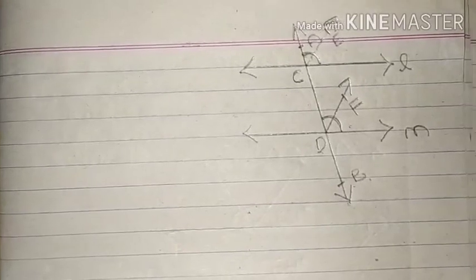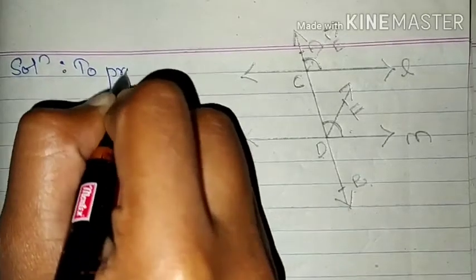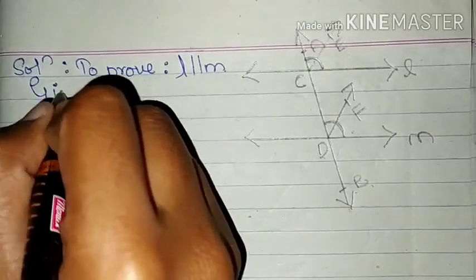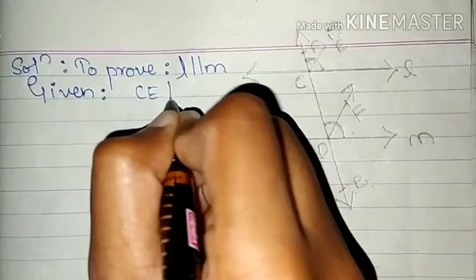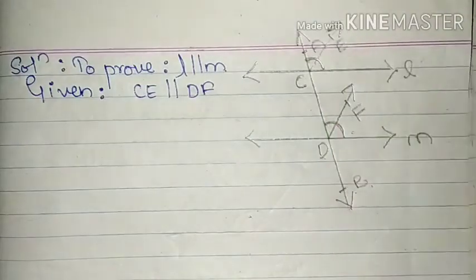So first let us write down the solution to prove L is parallel to M. Given: CE is parallel to DF. They have told us that the angle bisectors are parallel to each other.